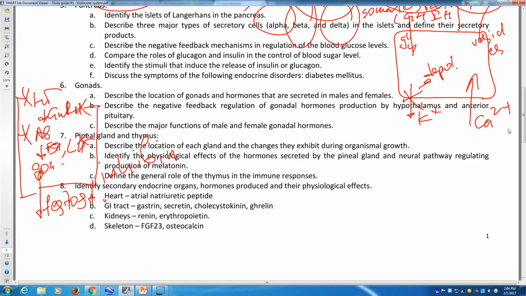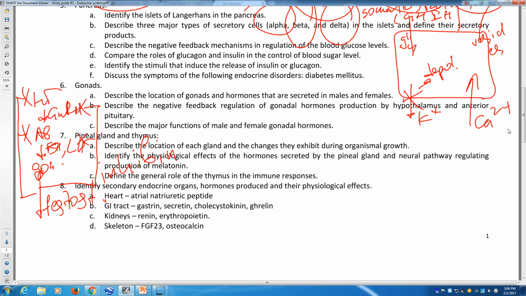We good? Pineal gland. Melatonin regulation of the sleep-wake cycle. Thymus. There are three hormones, thymopoietin, thymulin, and thymosin, that regulate the maturation of T cells, the lymphocytes. That's it.